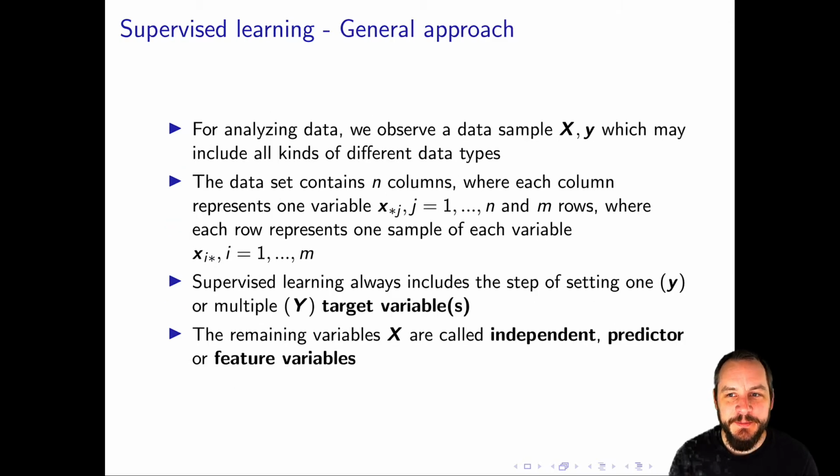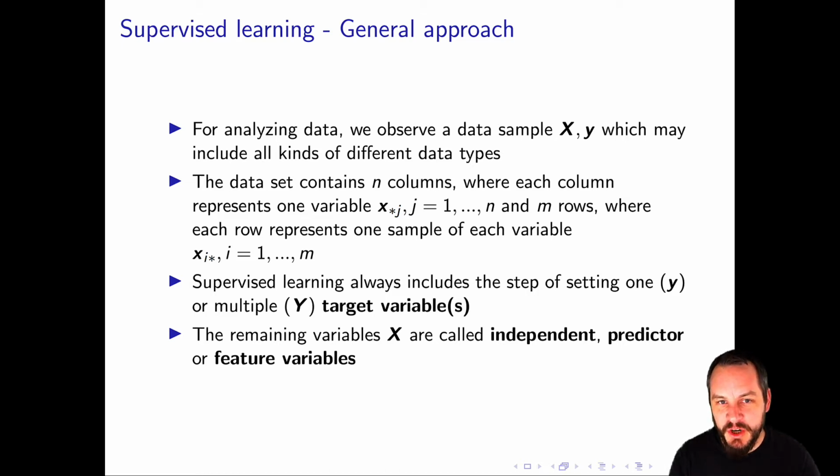All right. Usually, especially in this chapter, we talk about supervised learning. Supervised learning means that there is a target variable, which often also needs to be labeled manually by us. And usually we will use the letter Y for the target variable, and X for the so-called predictor variables or independent variables or feature variables.